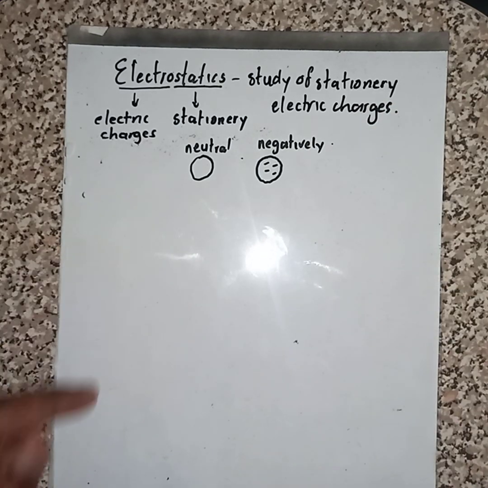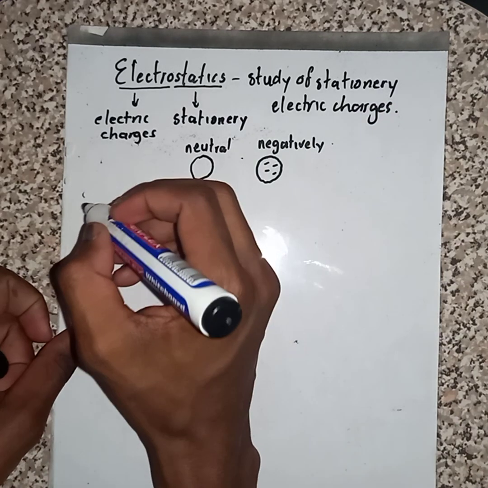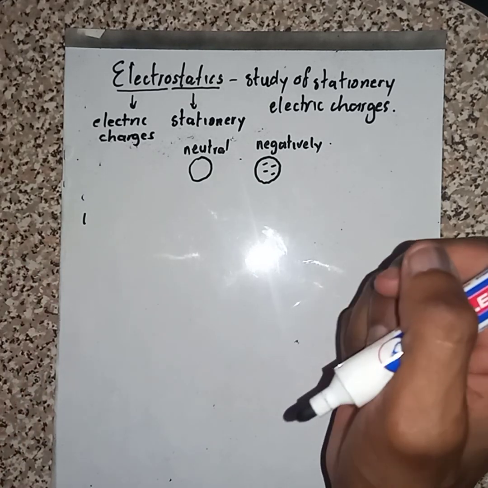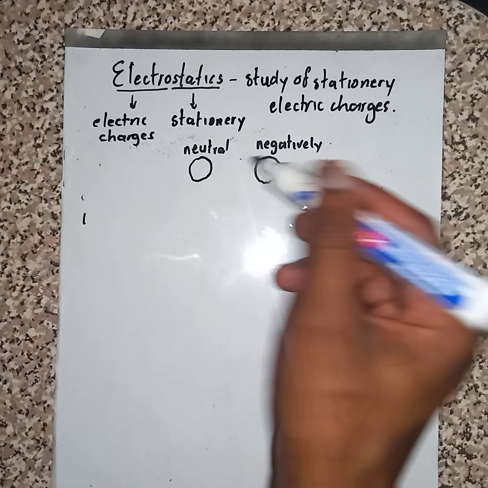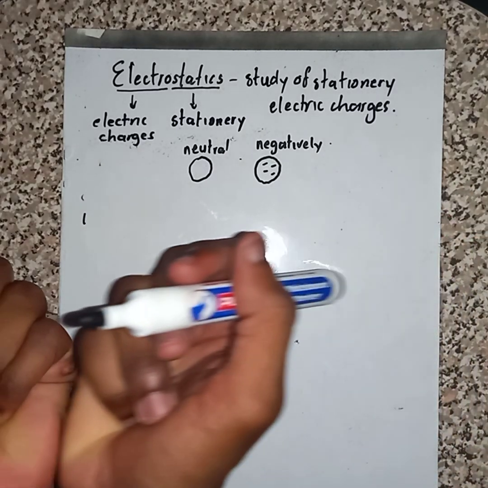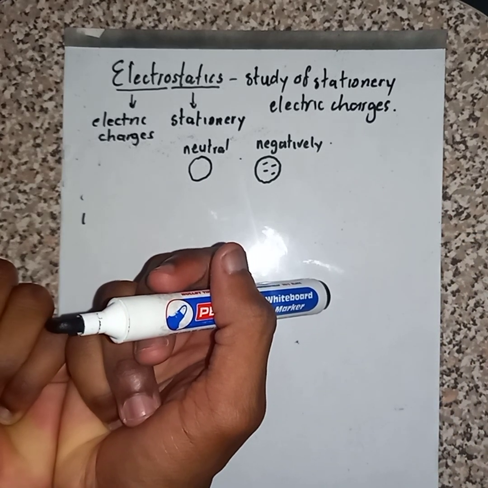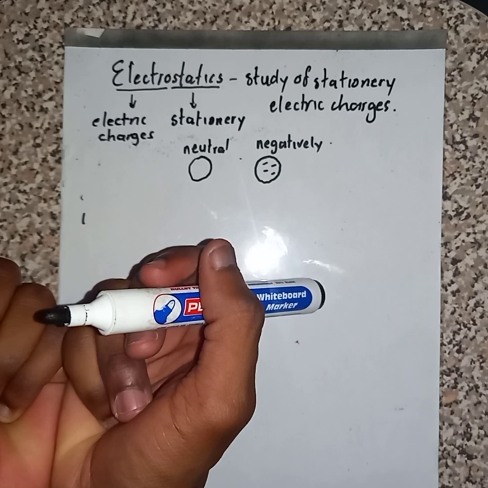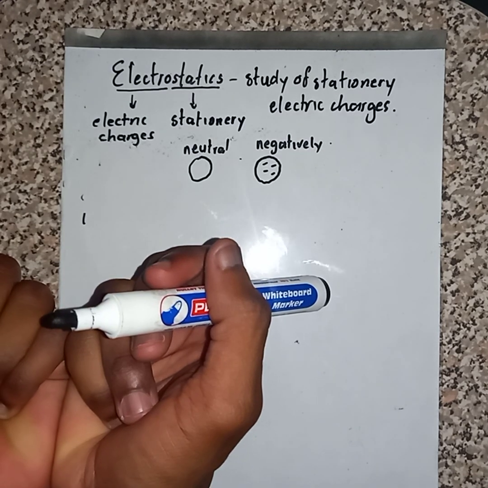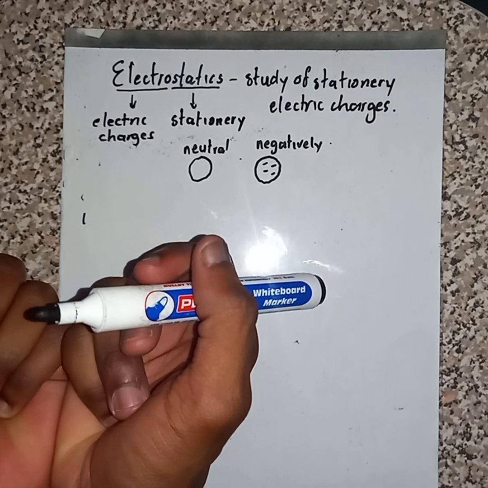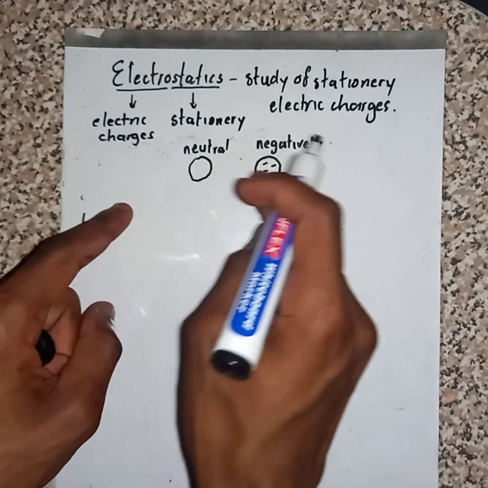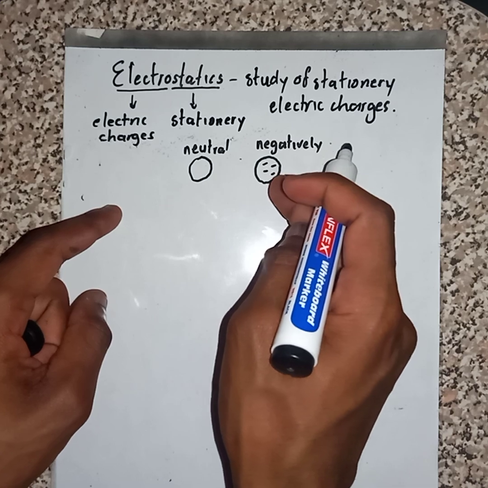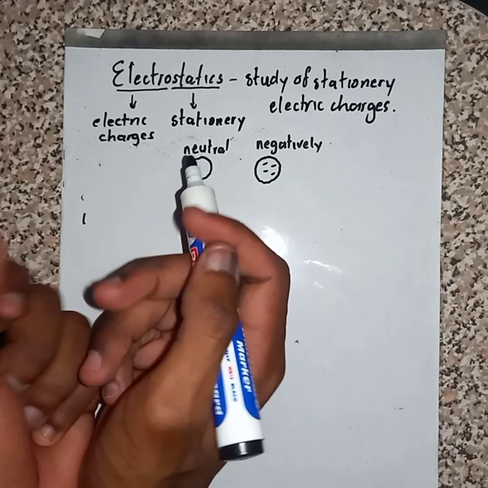Yeah, it's negatively charged. Firstly, we are going to allow these two charges to be in contact. What is going to happen if we allow these two objects to be in contact?